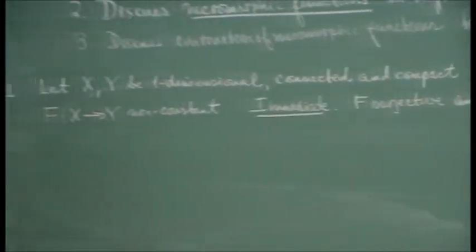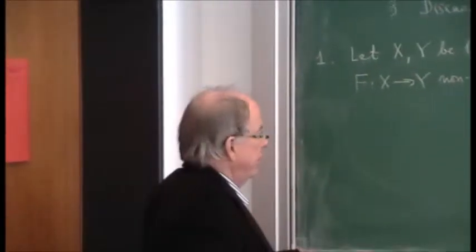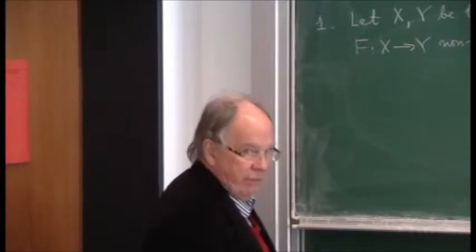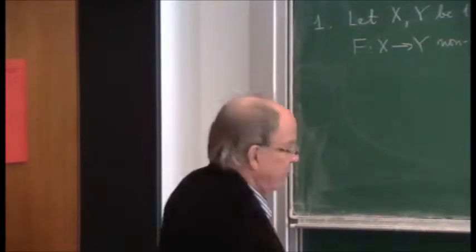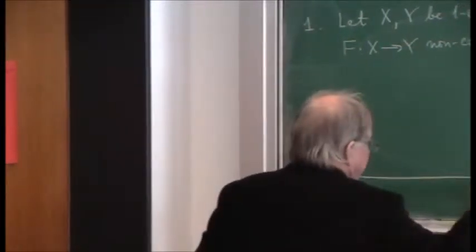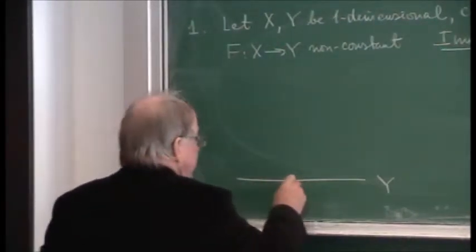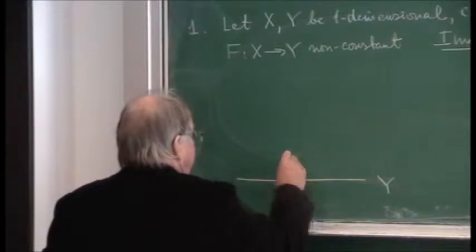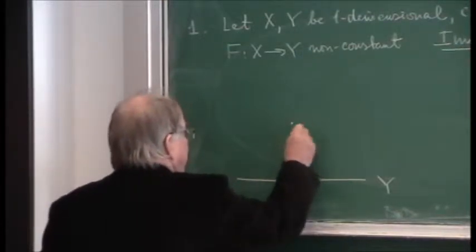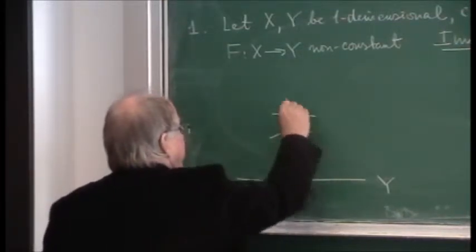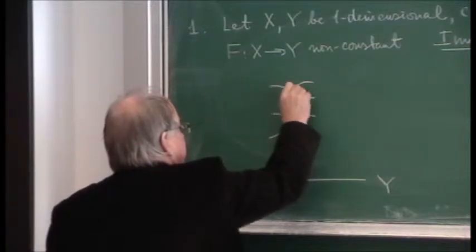And yesterday I drew a picture, my favorite picture of how to do this, and it's not only mine, I think everybody draws this picture of a ramified cover. So downstairs, Y, everything's smooth here, it's not dangerous. You may have some ramification points. Yesterday I had a 4-to-1 mapping, so let's take again a 4-to-1 mapping. Here you might have some ramification like this.